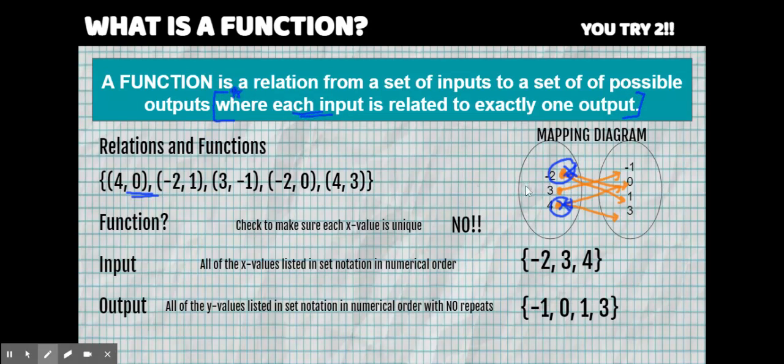You are not. And this mapping diagram justifies our no, making sure that our x values are unique. They're not unique there, and they're not unique here. They repeat. There's another sign that this relation is not a function. The mapping diagram gives us a different visual of why it's not a function.